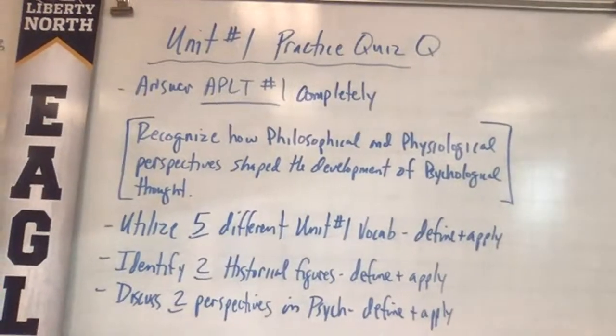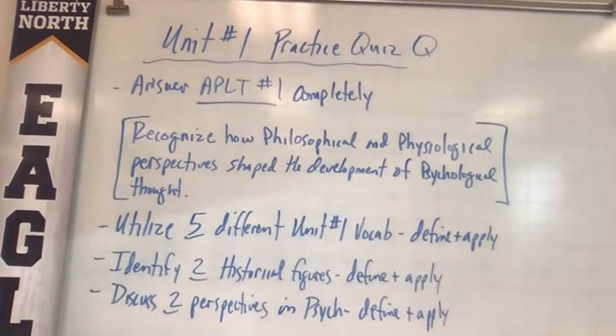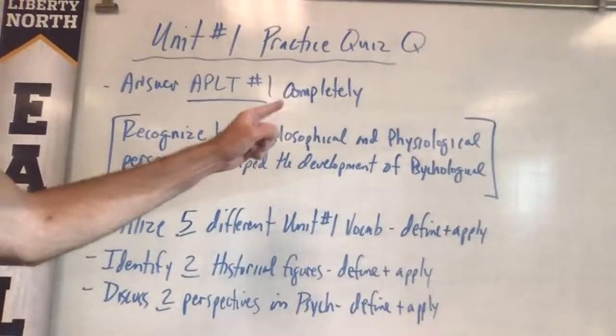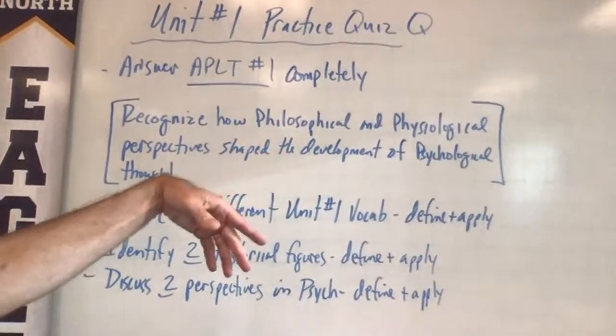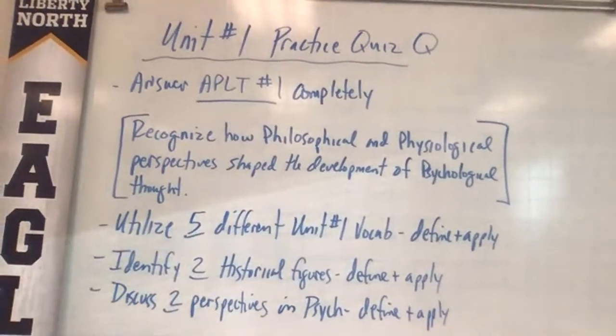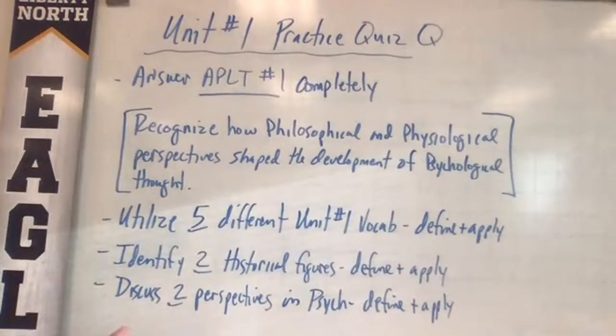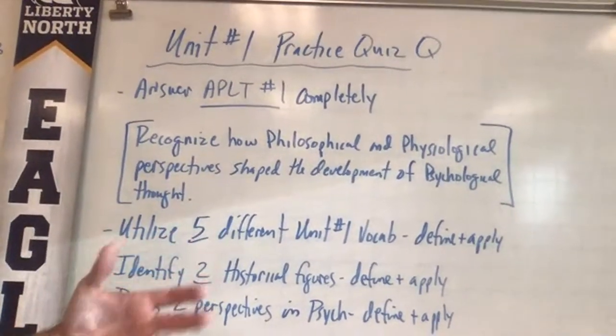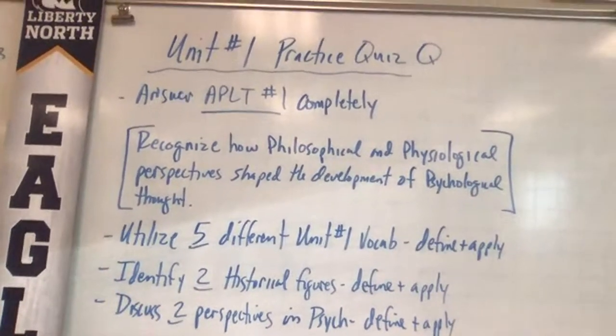Use that definition there. All right. Okay. So this is a pretty short one. So recognize how philosophy and physiology shape the development of psychology. So they're ancient relatives of psychology, however you want to answer that there. Again, with every learning target, there's generally more than one answer, but just make sure you completely answer it your way or with your information.